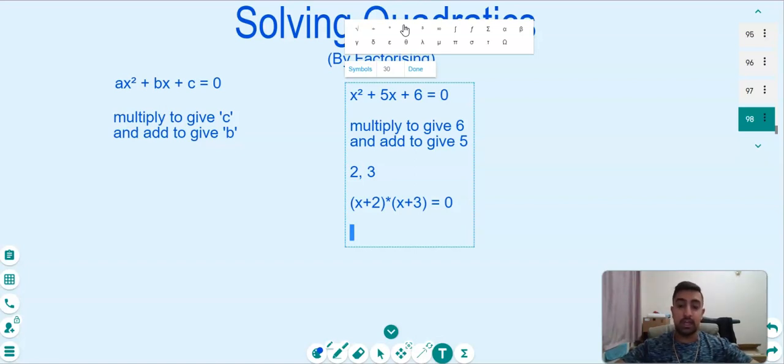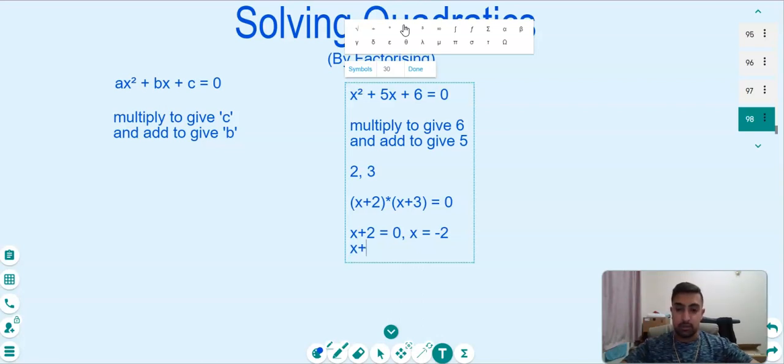So we'll focus on the left-hand side first, so x plus 2, and we need to think, how can we make that 0? So what value does x have to be for x plus 2 to equal 0? And the way we do that is we would just write x plus 2 equals 0, and then solve that for x. So from that we can figure out that x must be equal to negative 2. And in the same way we do that for the other bracket, so x plus 3.